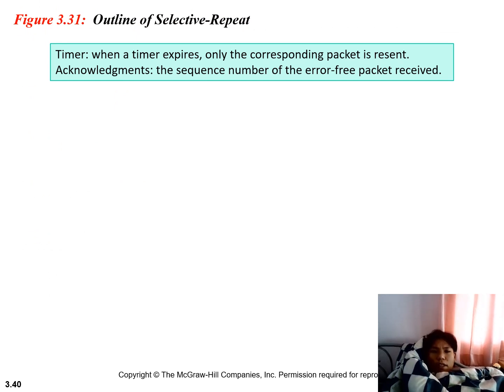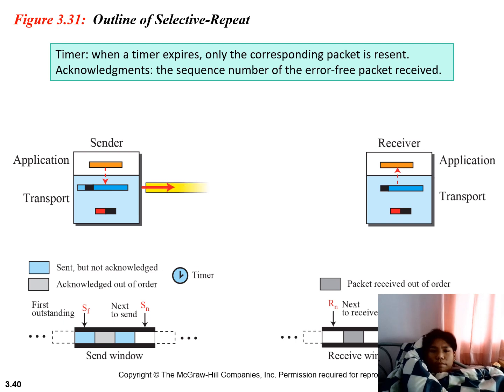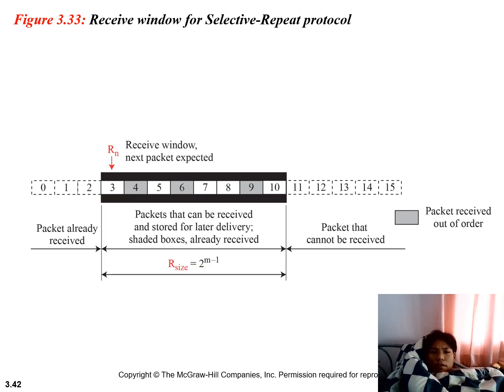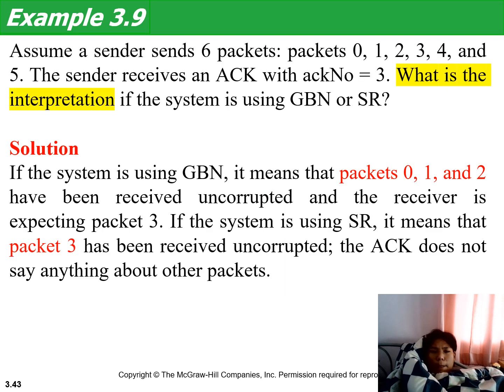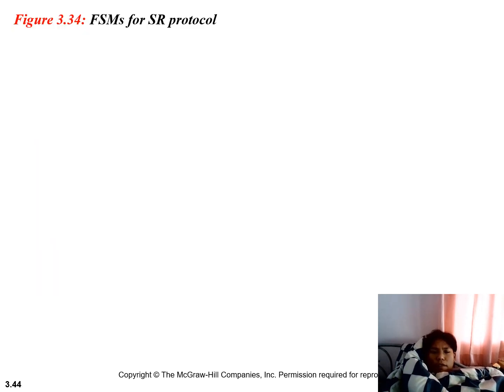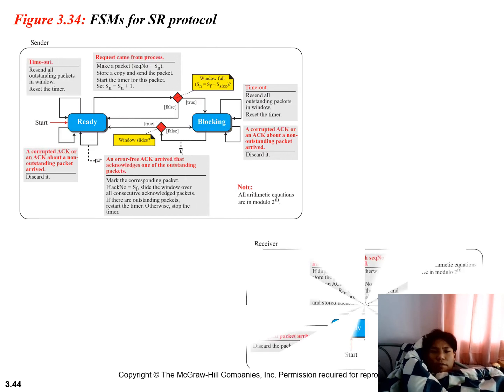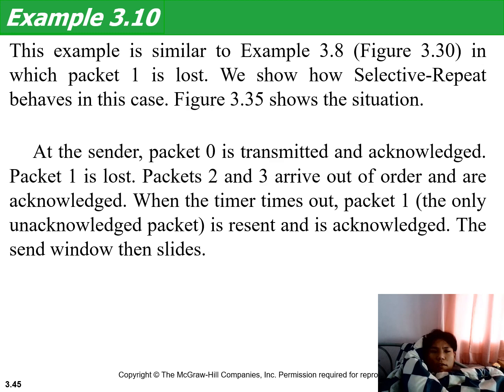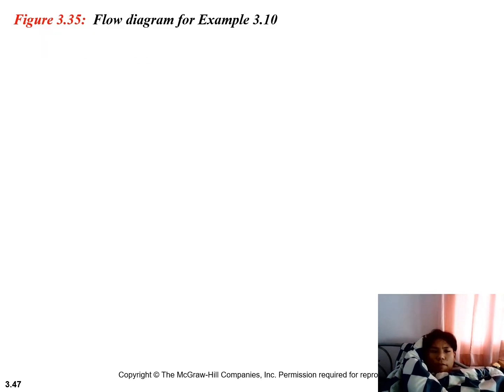Unlike Go-Back-N, in selective repeat, when the timer expires, only the corresponding packet is resent. Acknowledgement: the sequence number of the error-free packet received. This is the FSM for the selective repeat protocol, sender and receiver, and the flow diagram.